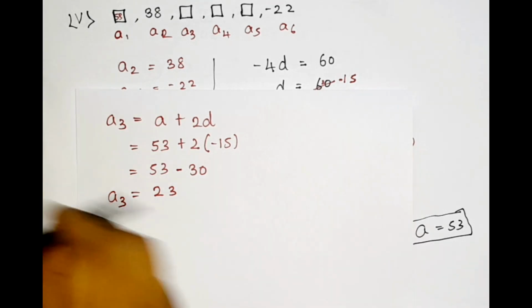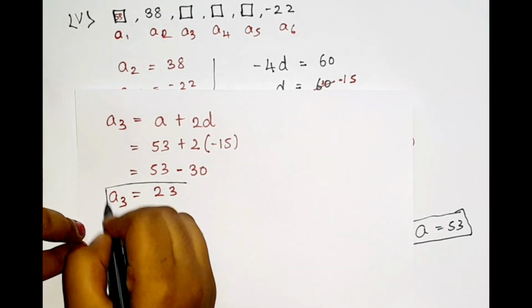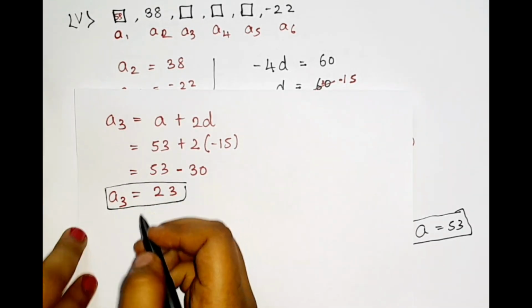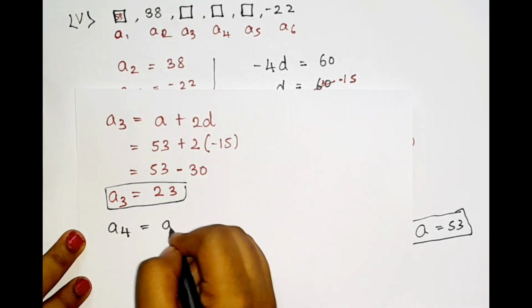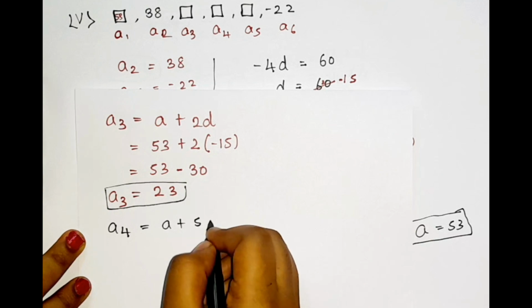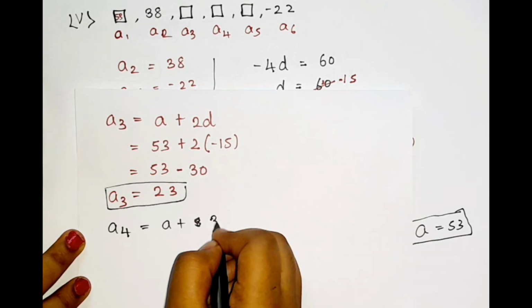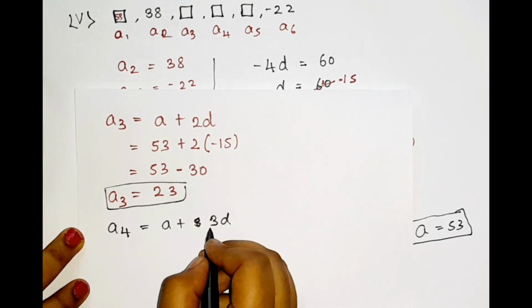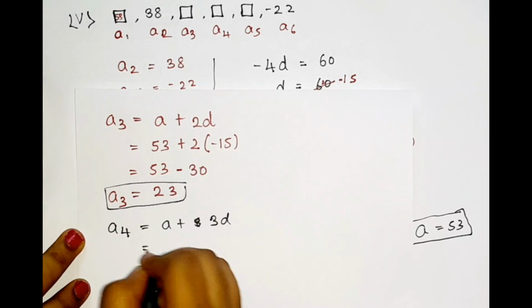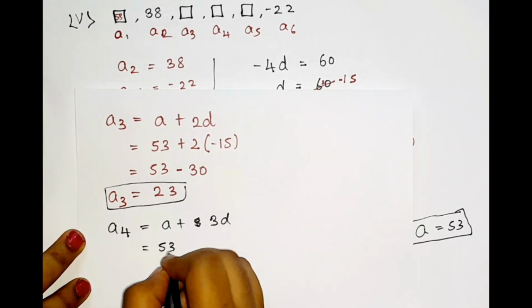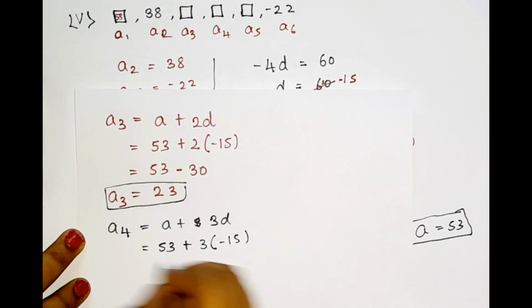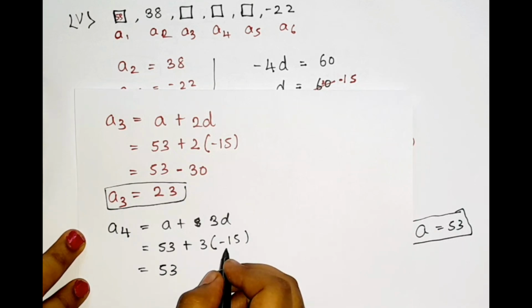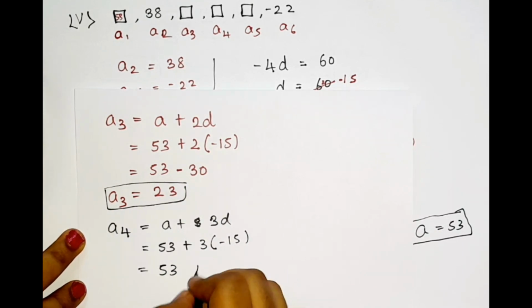Okay, so now let us find the A4 value. So we can write it as A plus 3D, isn't it? So the previous number of 4 is 3, so 3D. Okay, so A value is 53 plus 3, and the D value is minus 15. 15 into 3 is 45.